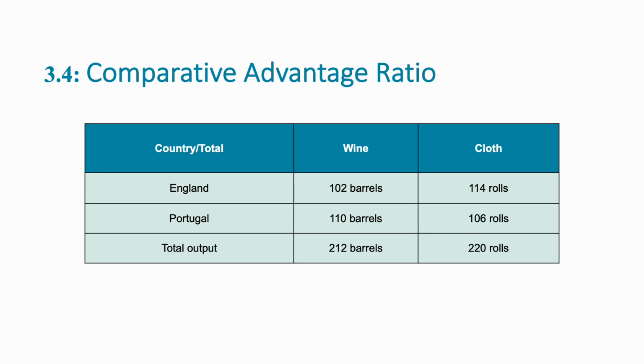So this illustrates how England has the comparative advantage on cloth and Portugal has the comparative advantage on wine, so that no matter what, you still get the production of 212 barrels of wine and 220 rolls of cloth, but the comparative advantage is for Portugal on the wine and England on the cloth.